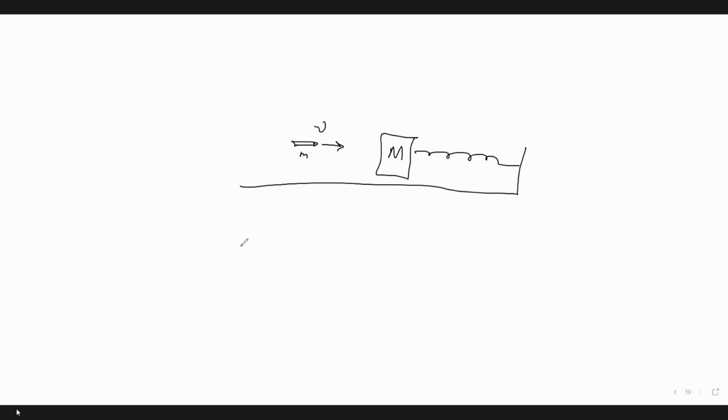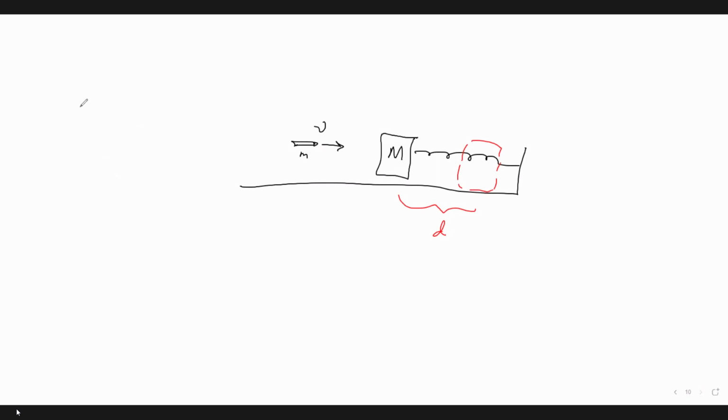Okay. So after the bullet strikes this mass, it compresses a maximum distance here. Let's call this D. Well, we're going to use conservation of momentum to determine the initial velocity of this mass at the end of the spring.